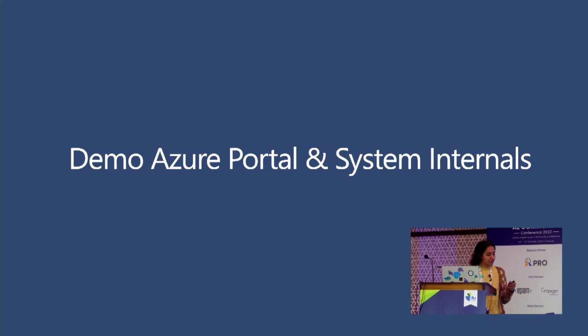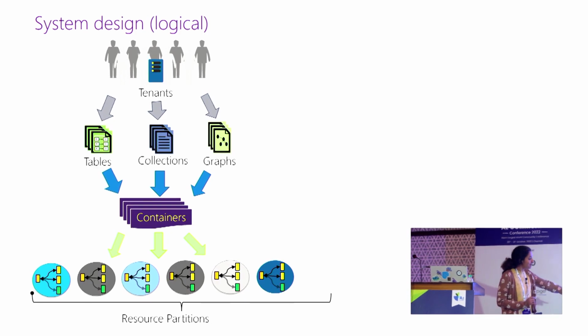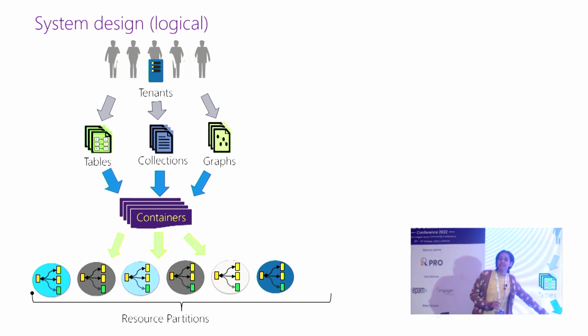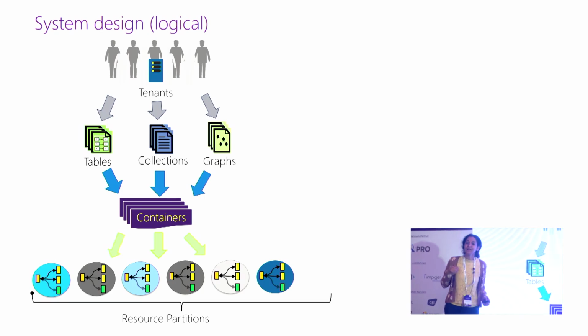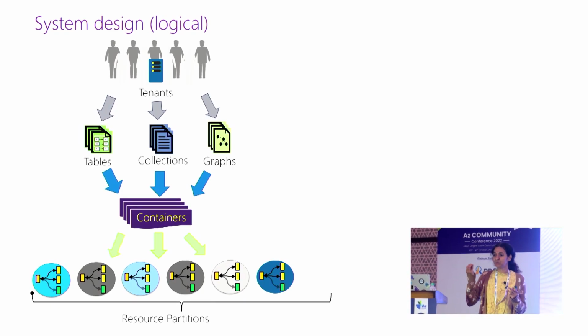As we talk of this system hierarchy, what is important is that at the back end, when we allocate these collections or containers to you, we are actually allocating something similar to a Docker-based container.